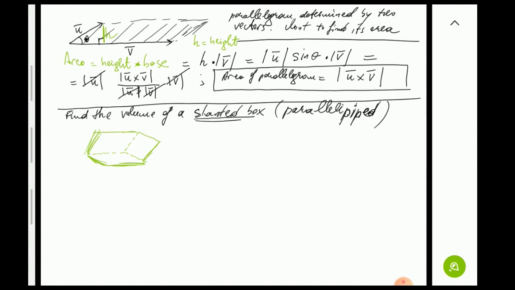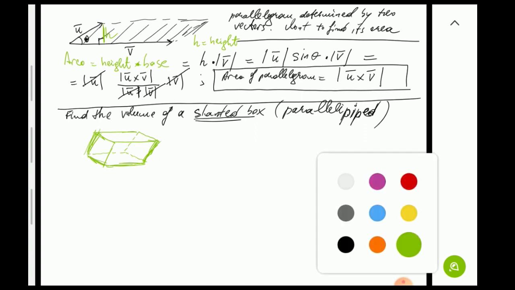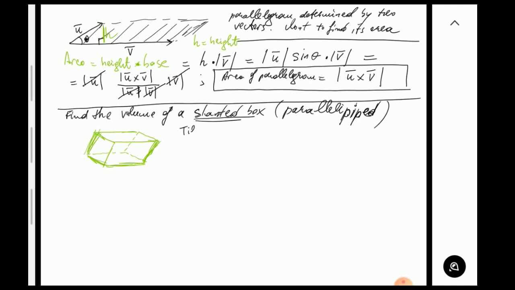I hope that's slanted enough. Anyway, good enough for our purposes. The most important thing is to imagine that this thing is actually tilted to the right, as if someone stepped on it and ruined the box. It's not straight anymore.